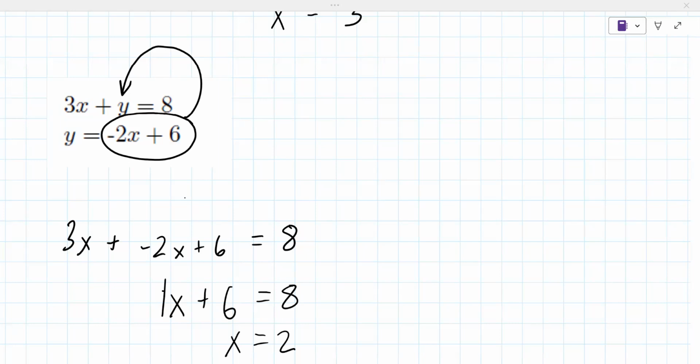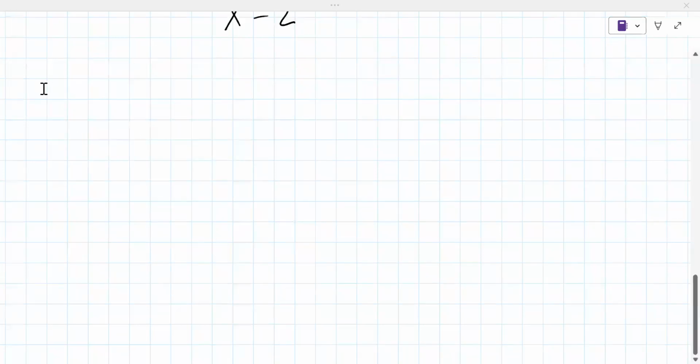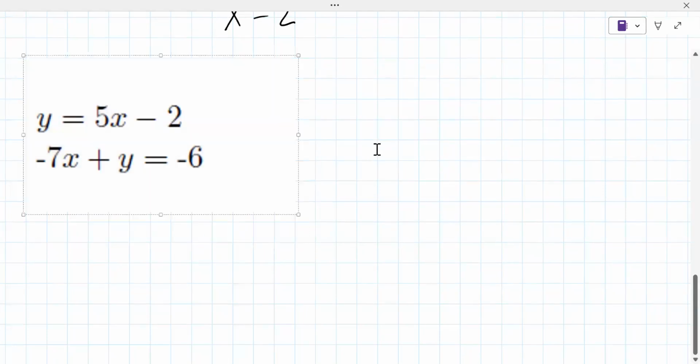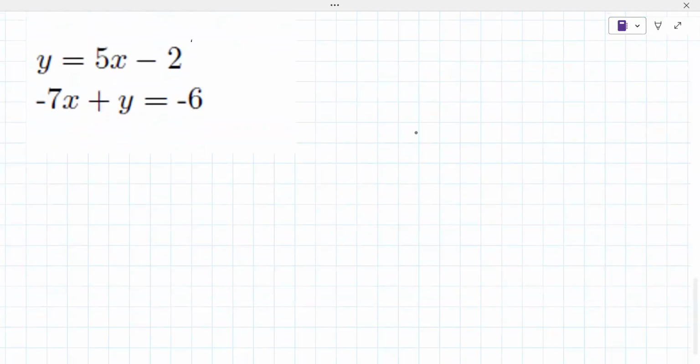Okay, so let's load another problem here. It's going to be very similar. We're going to do the exact same thing that we've been doing, which is substituting in for one of the variables. So this is called the substitution method. Notice in the first equation, it's already solved for y. See how it says y equals 5x minus 2?